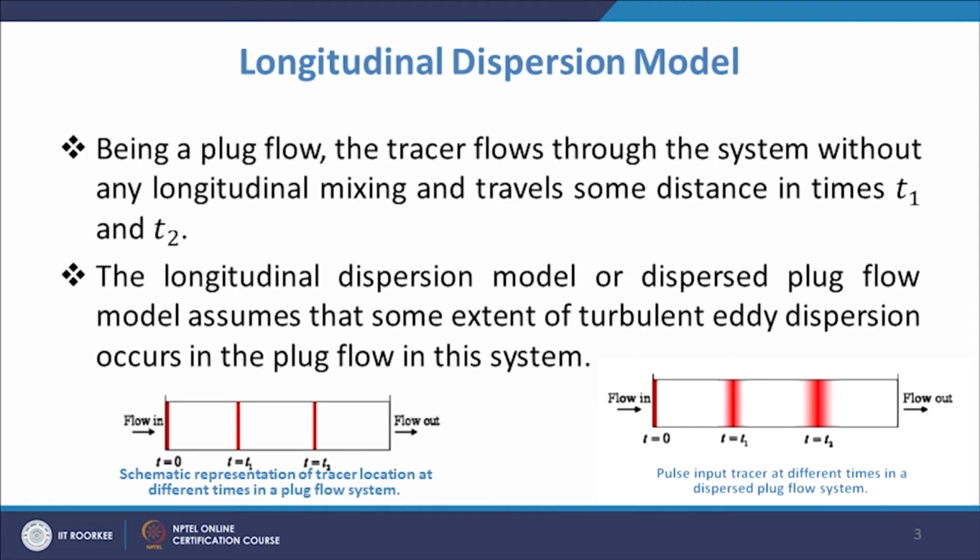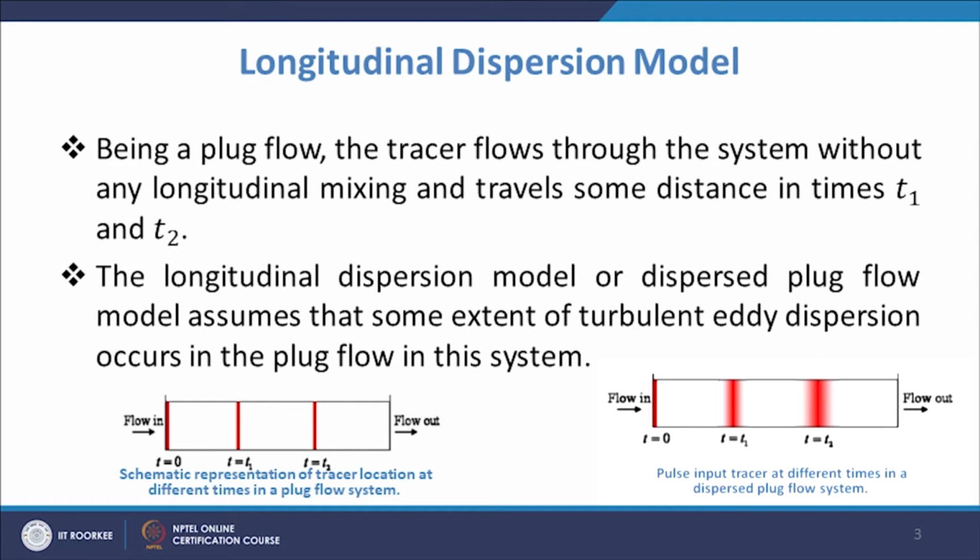However, when we talk about the actual case, you will have dispersion in the longitudinal direction. So, it is also known as dispersed plug flow. It assumes that there will be some extent of turbulent eddy dispersion occurring in the plug flow in this case.